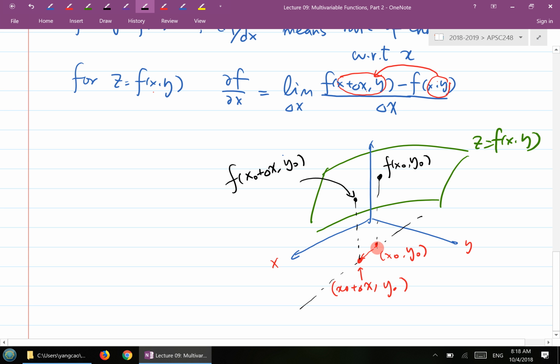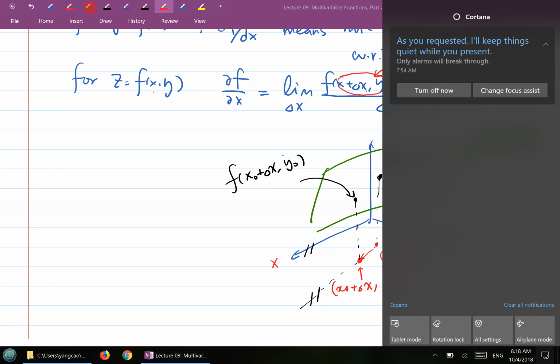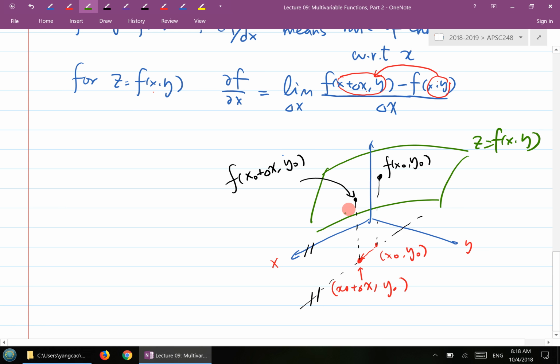If you start here and keep moving along this line, which is parallel to the x-axis, because y is not changing and the only changing quantity is x, then if you connect all the dots, you should get a curve traced out on that surface. Is everything okay so far?